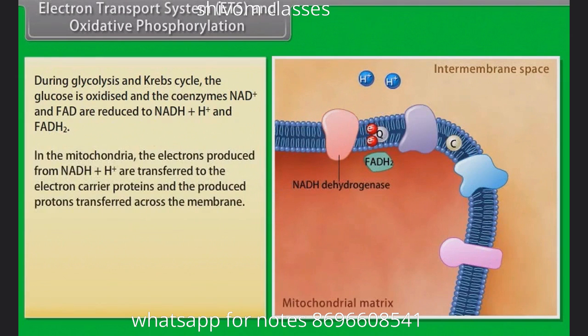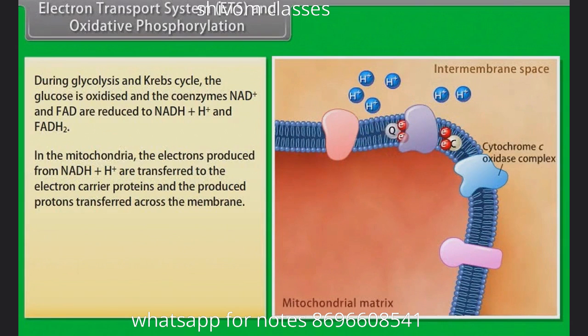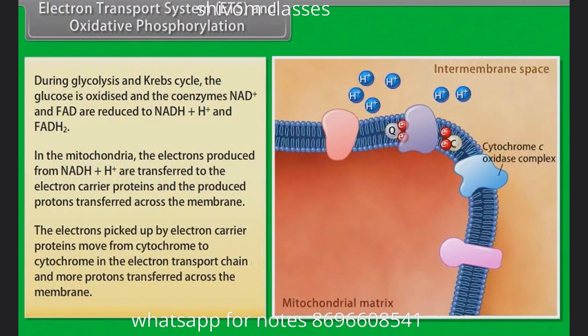In the mitochondria, the electrons produced from NADH plus H plus are transferred to the electron carrier proteins and the produced protons are transferred across the membrane. The electrons picked up by the electron carrier proteins move from cytochrome to cytochrome in the electron transport chain, and more protons are transferred across the membrane.